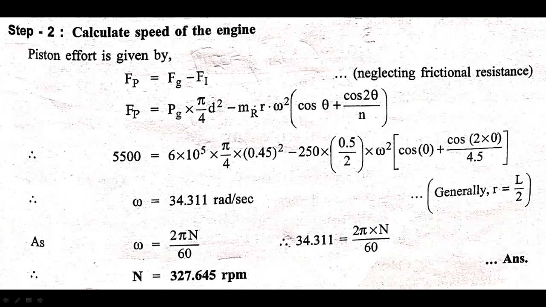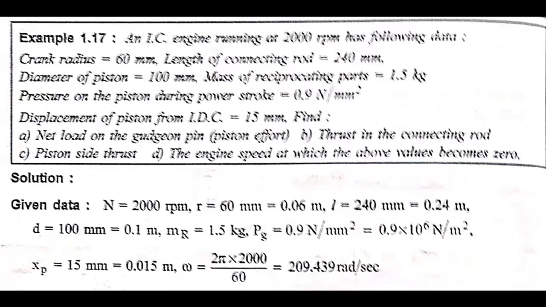So when we apply all these values, we get omega equal to 34.311 radian per second, and we know that omega is equal to 2 pi n by 60. That means we get the speed of the engine, which is equal to 327.647 rpm.